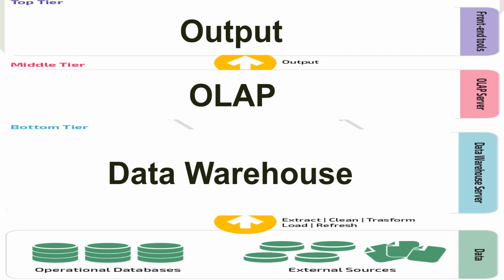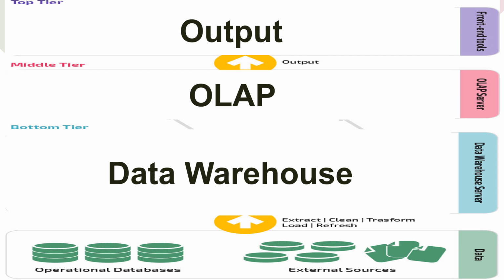The operational database sources are based on the marketing database or software, the accounting software, and other in-house, internal software we use. And then we also have external sources like information from suppliers, from the internet, and from social media.